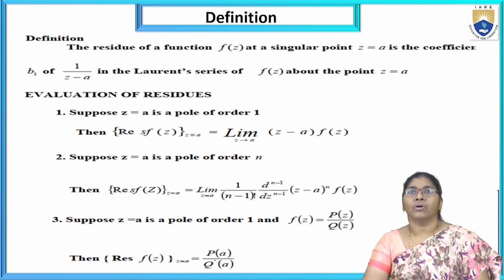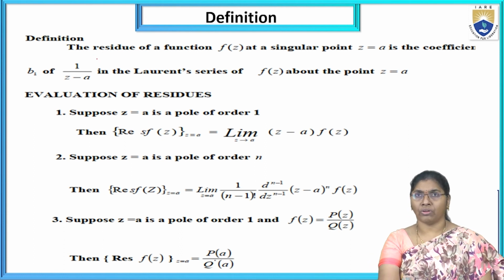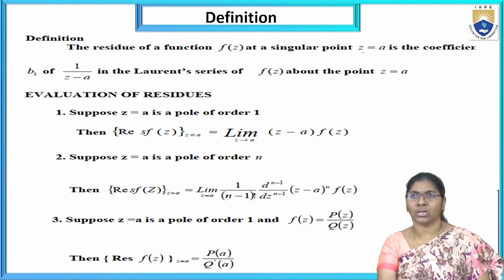Now next one is the definition of residues. The residue of a function f of z at a singular point z equal to a is the coefficient b1 of 1 by z minus a in the Laurent series of f of z about the point z equal to a.